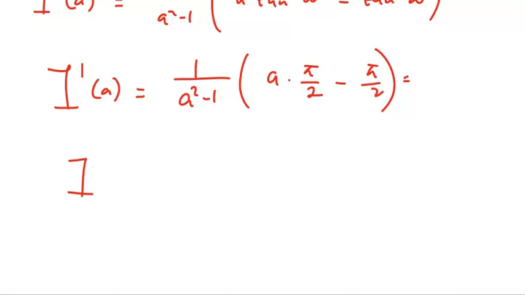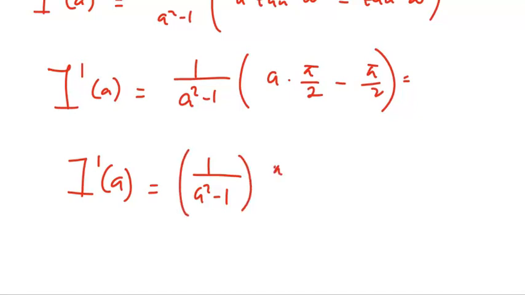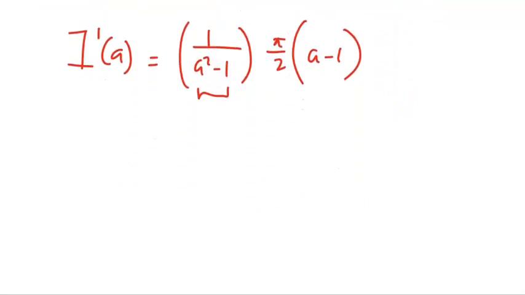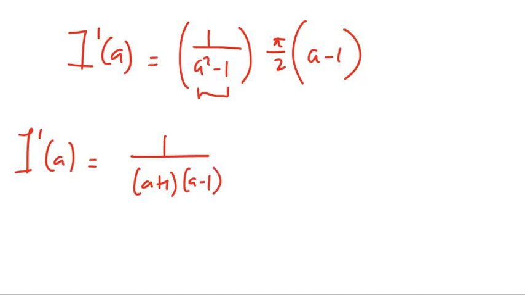So here, I prime of a is equal to 1 by a squared minus 1, right? Multiply by, here we factor out the pi by 2, and we're left with a minus 1. So don't forget this here is a difference of two squares, right? So here we get I prime of a is equal to 1 by (a plus 1)(a minus 1), multiplied by pi by 2, multiplied by a minus 1.